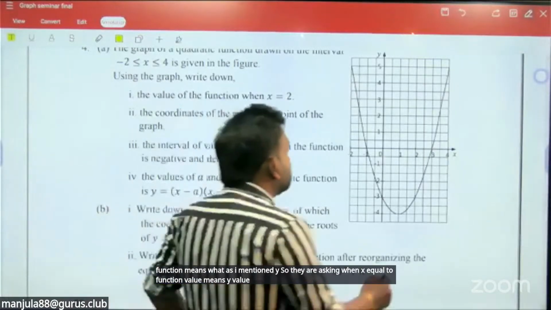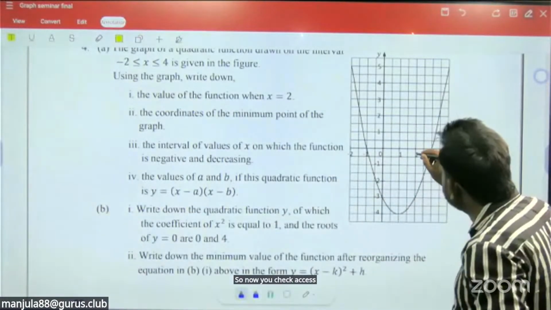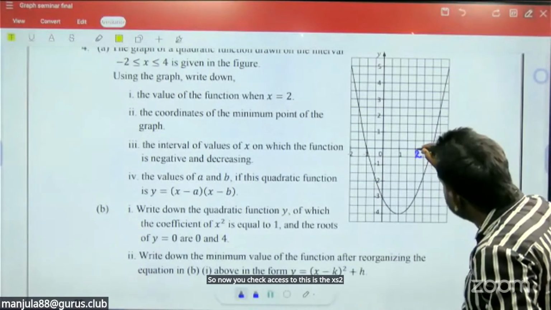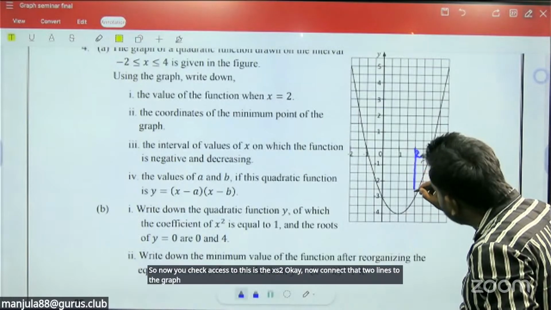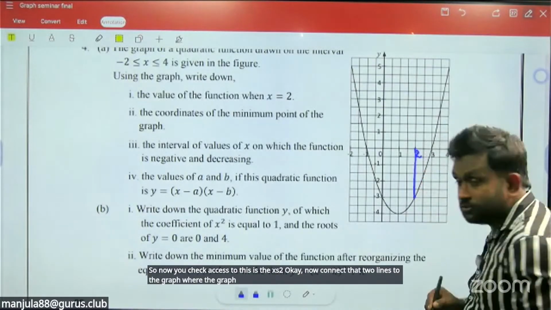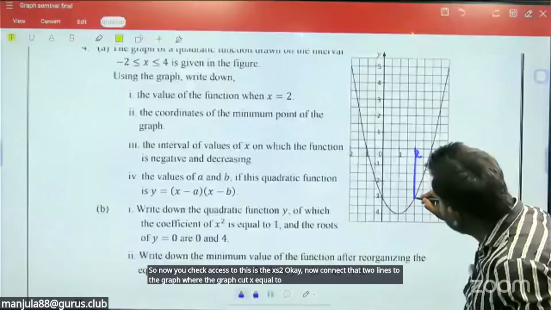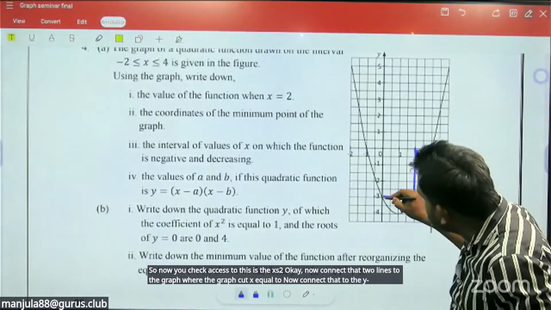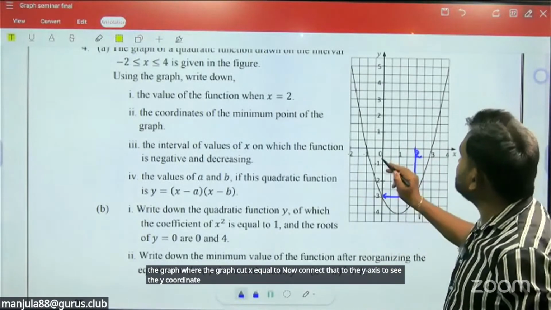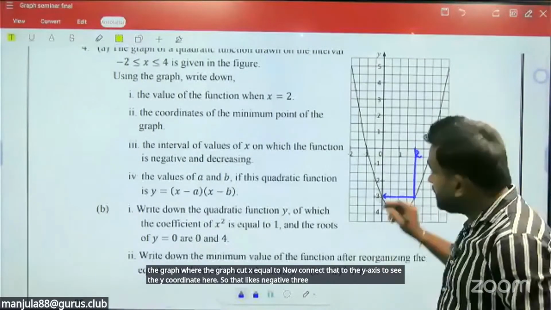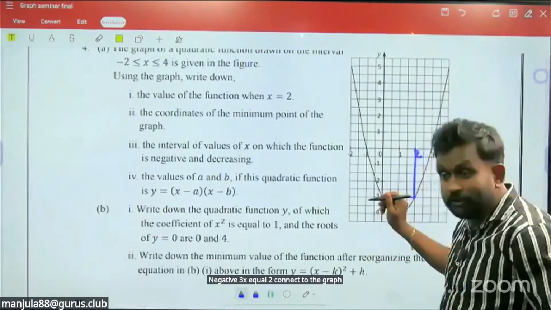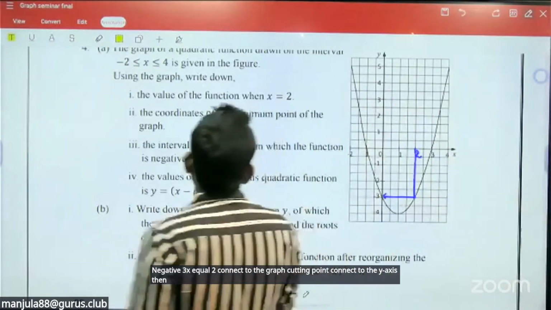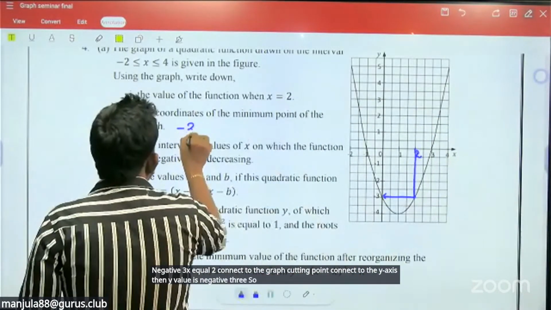Now connect that line to the graph where the graph cuts x equal to 2, then connect that to the y-axis to see the y coordinate. That is -3. So the function value is -3.